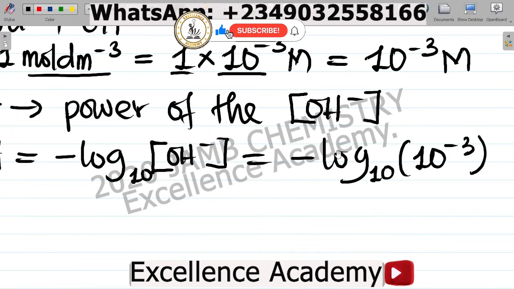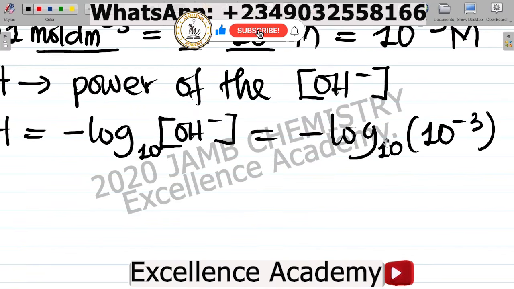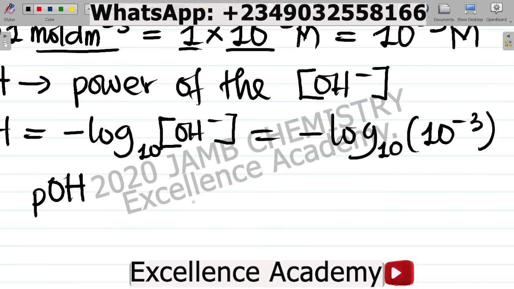So how do you solve this? For this one here, pOH, that's the power of the concentration of the hydroxide ion, is equal to, now to solve this, recall that if I have a log of a particular number, the power comes this way.